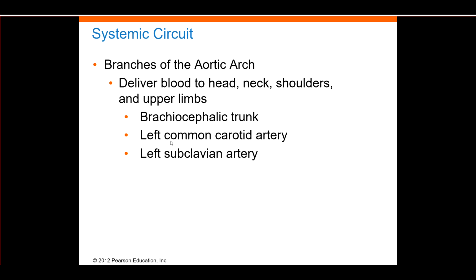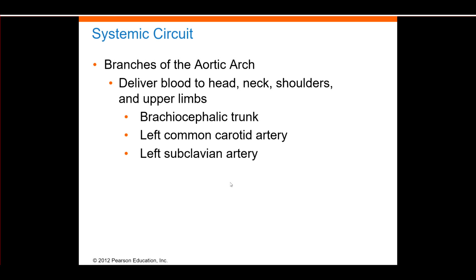Whenever we see common, it's also going to split, probably into an external blood vessel and an internal blood vessel. And I'll go over that in a minute. And then the one that's located most to the left is the left subclavian artery. So brachiocephalic trunk will be the first one, left common carotid, left subclavian.